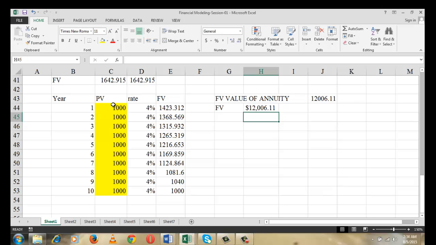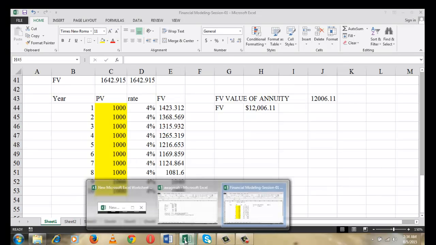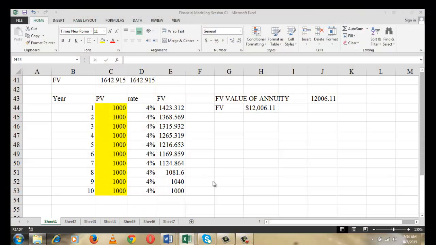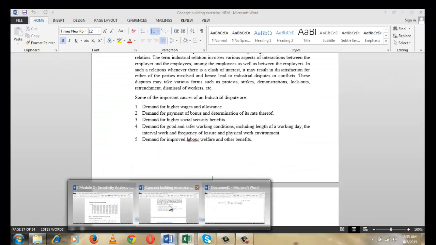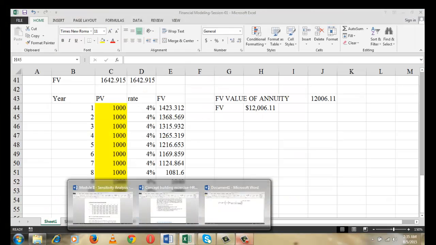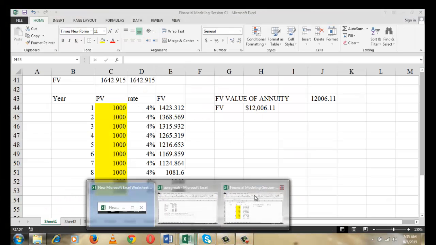Very easy concept of time value of money, how you can understand the relevance of annuity and how important a factor annuity is for you. The same annuity you can calculate by using different formulas, and that will give you a lot of understanding of how you can work on the annuity concept.